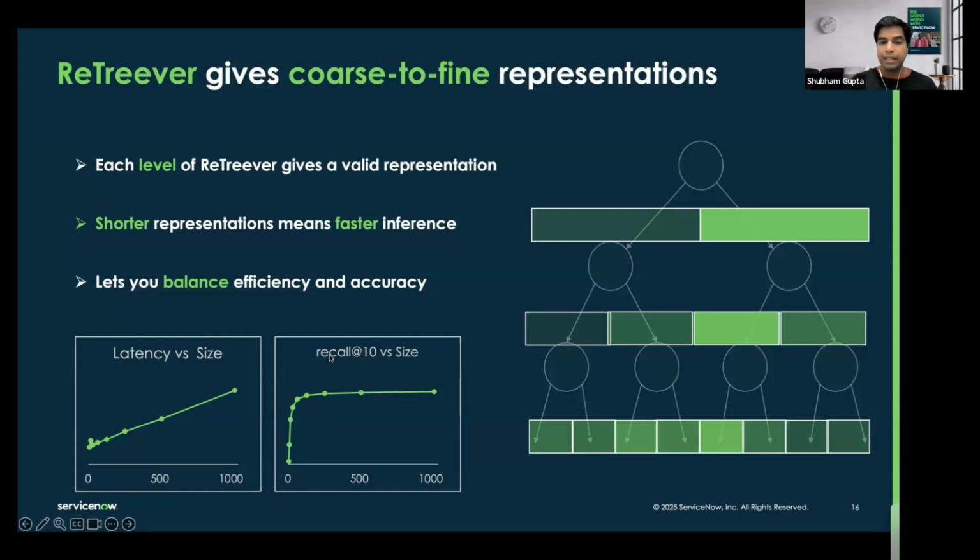The recall at 10 remains quite balanced up until close to 128 as the representation size, and then it drops significantly. So with this kind of curves, it lets you balance efficiency and accuracy, and it lets you choose what representation size works best for your application.